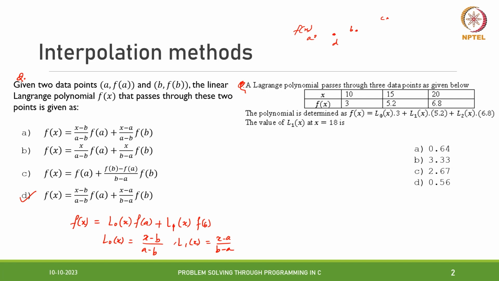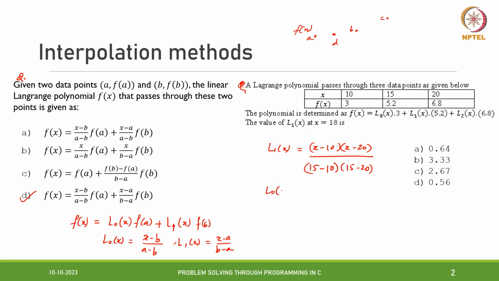What would be the formula for L1 of x? L1 of x is related to the point 15 where f of x is 5.2, so we write the form with the other values apart from 15. This is the form for L1 of x.